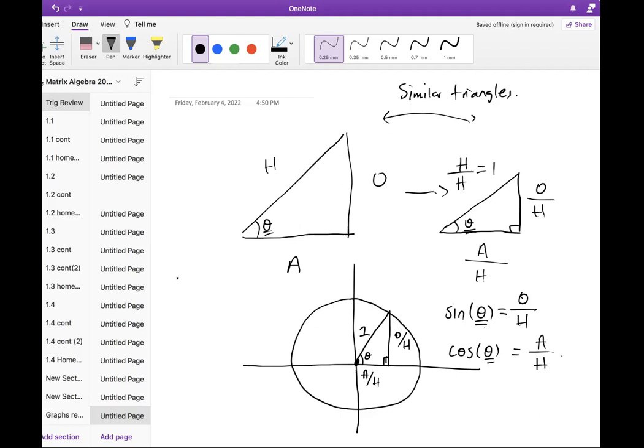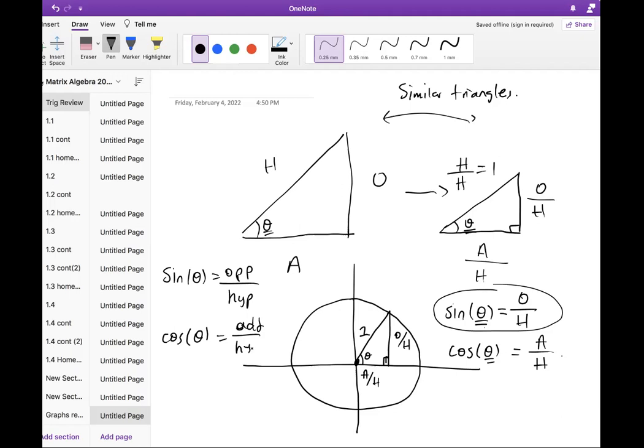So sine of the angle is the opposite side divided by the hypotenuse, because that's what it is in this case, and cosine of the angle is adjacent over the hypotenuse. Again, it's because we're bringing it back to a unit circle. The definition of sine is not opposite over hypotenuse. It's coming from the unit circle.